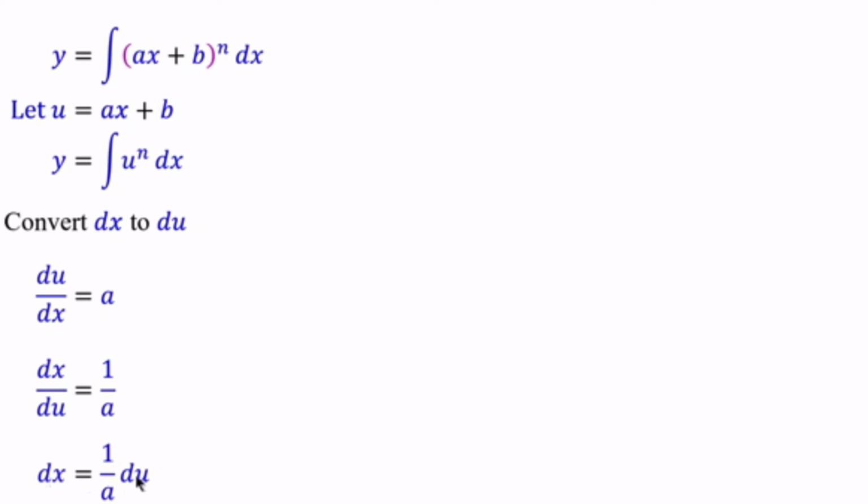So dx is 1 over a du. So we substitute into the y. Right? After we substitute into the y, we will get y is integrate u power n. When we see dx, we will substitute with the 1 over a du. Alright? So that is why you can see there is a 1 over a, right?